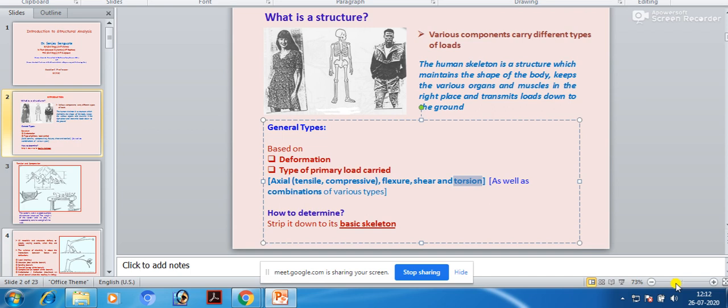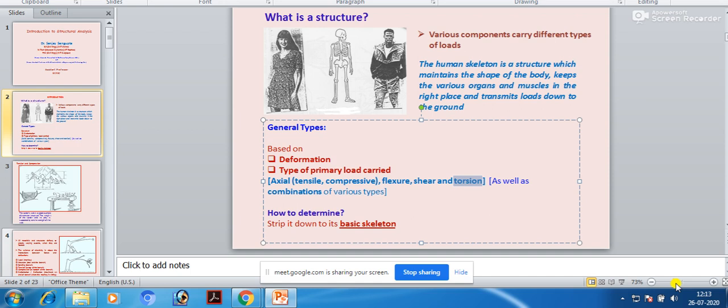So now you see how to determine this deformation, how to determine the loads coming onto the structure, how to determine what is happening because of the load coming onto the structure. That is the part you need to learn in the structural analysis course. If you want to learn how deformation happens to a structure, or how the structure behaves because of external load, you will have to strip down the structure to its basic skeleton.